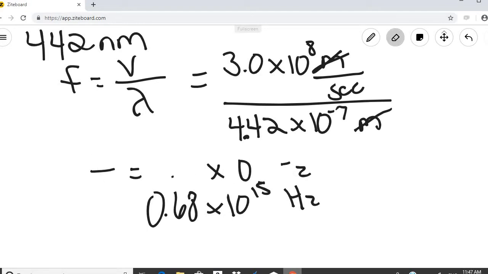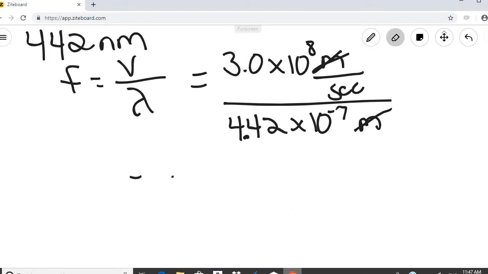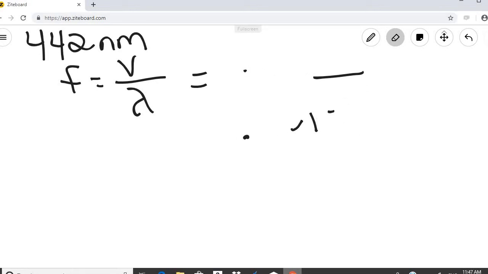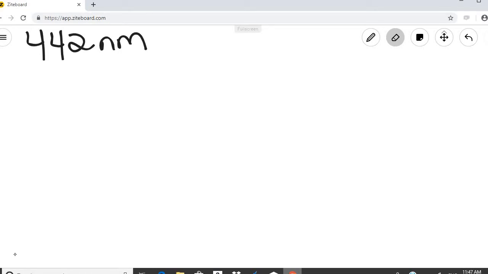Okay, so then we're asked to find the energy. Well, we know that energy is equal to Planck's constant times frequency.